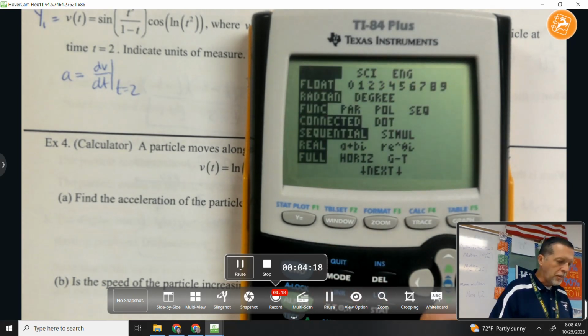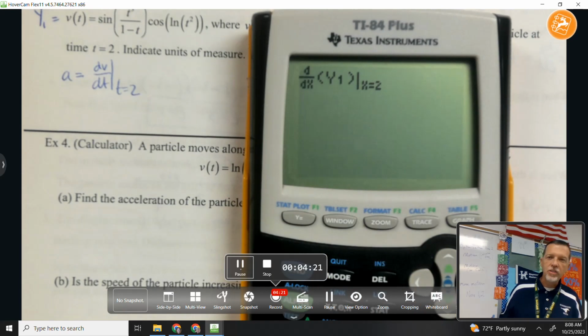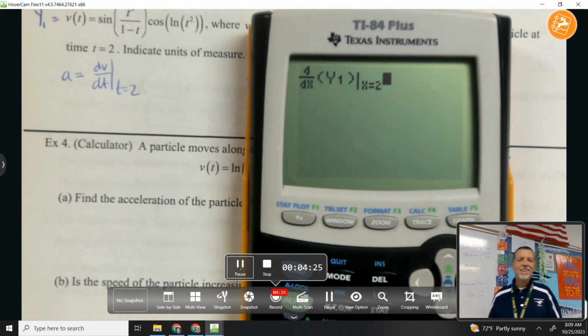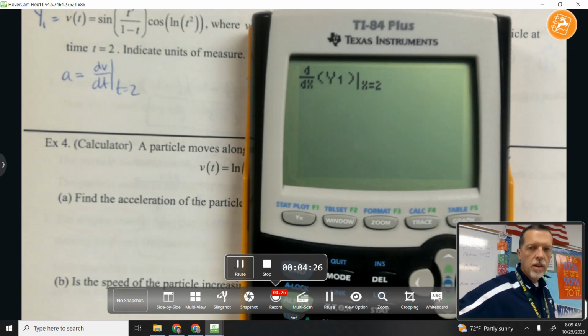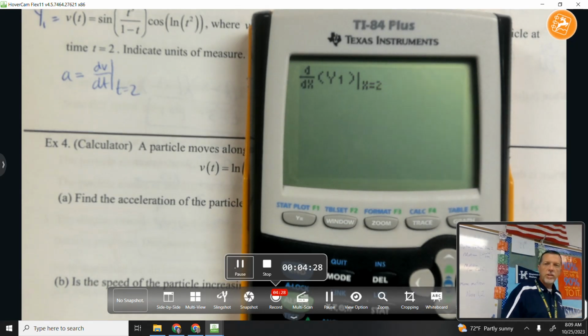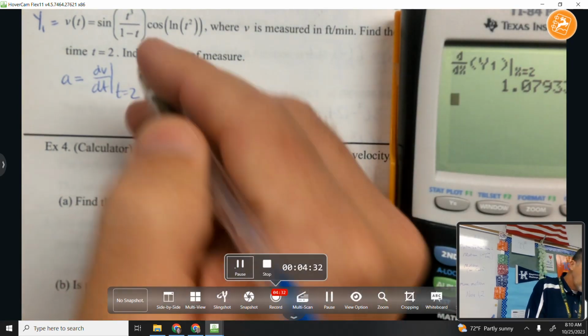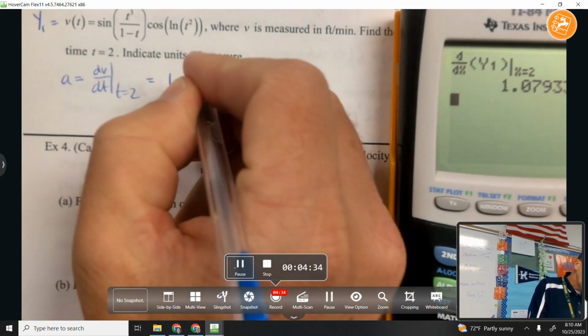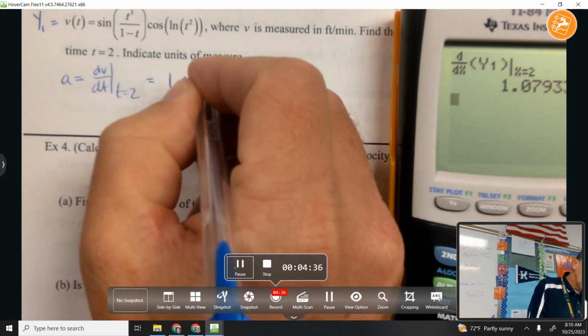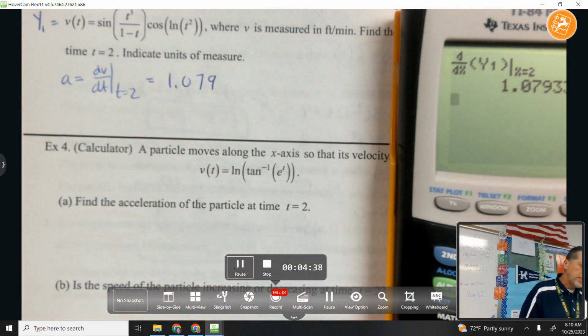Oh, I also need to make sure I'm in radians, because this has sines and cosines in it. Okay. Always, always, always 3 decimals when we do calculator things. 1.079.